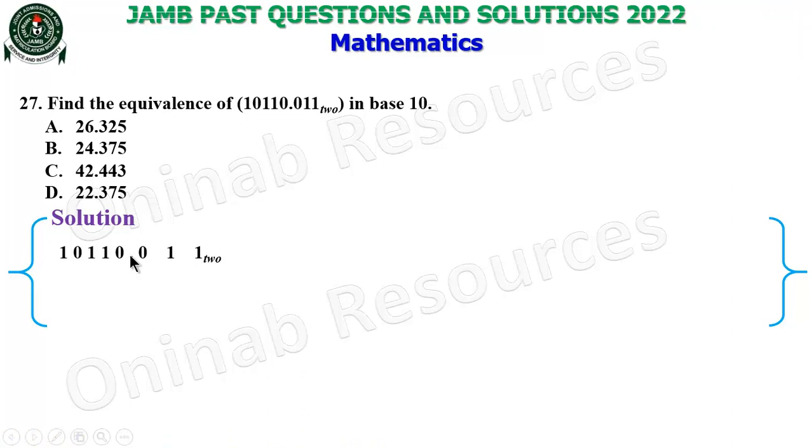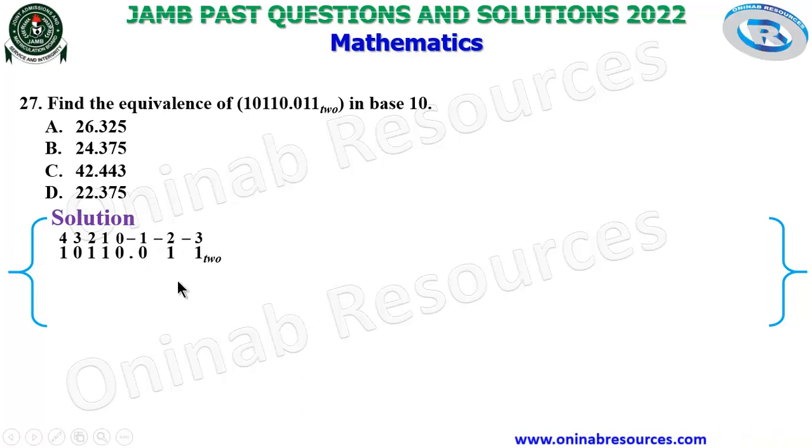Immediately before the decimal point, we start numbering from 0, 1, 2, 3, 4. Then after the decimal point, our numbering is going to be -1, -2, and -3.